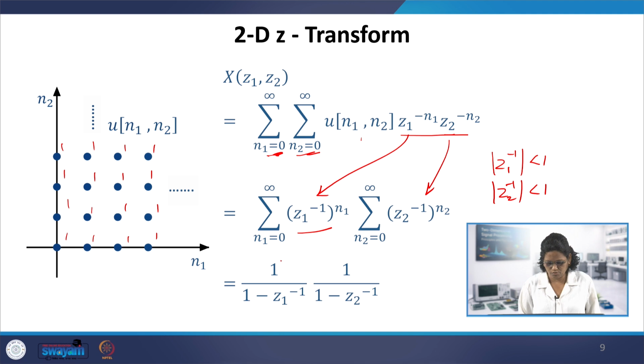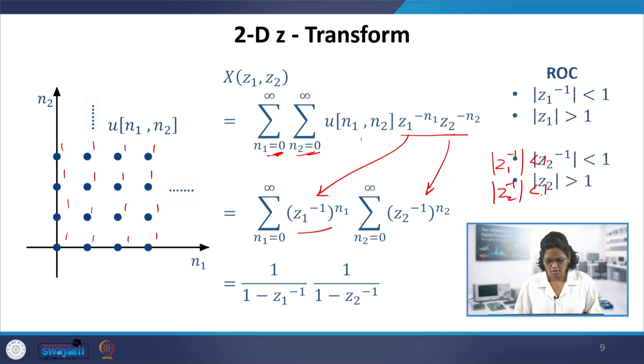So we get the closed form summation 1 by 1 minus z1 power minus 1, or z1 by z1 minus 1, and z2 by z2 minus 1, as we did in the 1D. So the region of convergence now comes from these two conditions: magnitude of z1 should be greater than 1 and magnitude of z2 should be greater than 1. So this is the region of convergence, z1 greater than 1 and z2 greater than 1.